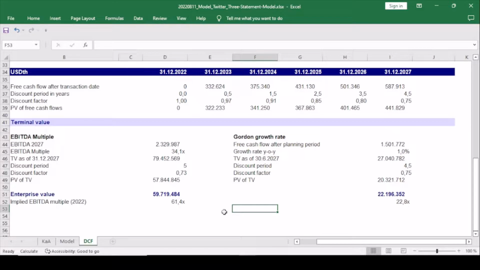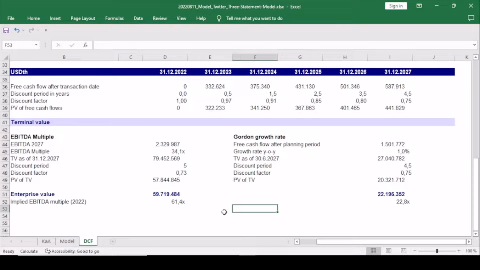So the two approaches we defined have, again, pros and cons. Therefore, be careful when defining your approach, as terminal value plays a dominant part in the overall enterprise value.